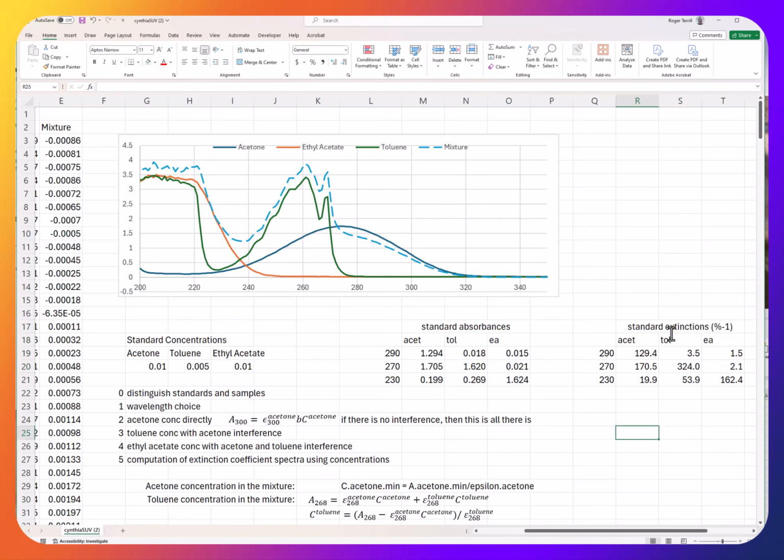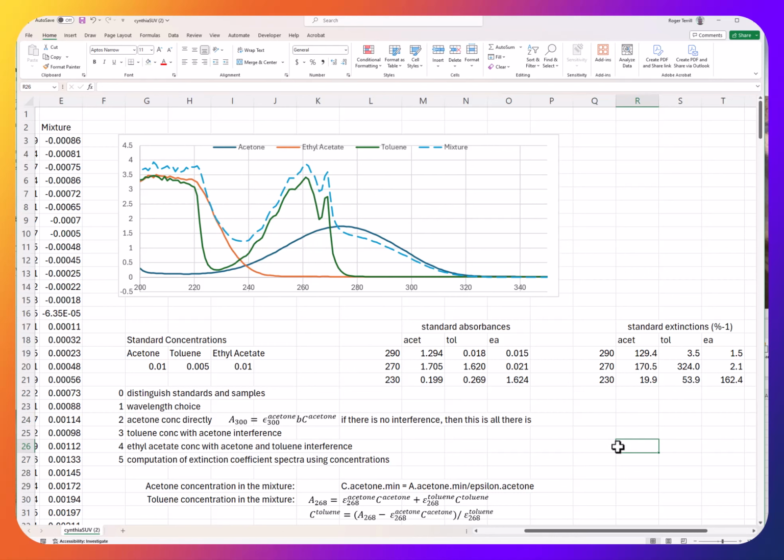So, now the concentration of acetone, we're going to get from the 290 nanometer data, right? And that's where there's very little interference from toluene and ethyl acetate, less than maybe 3%, right?